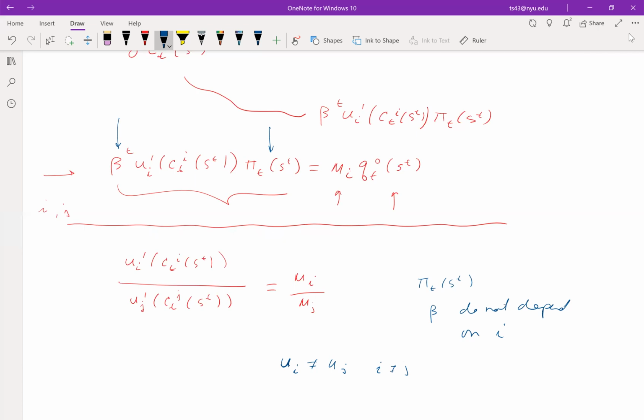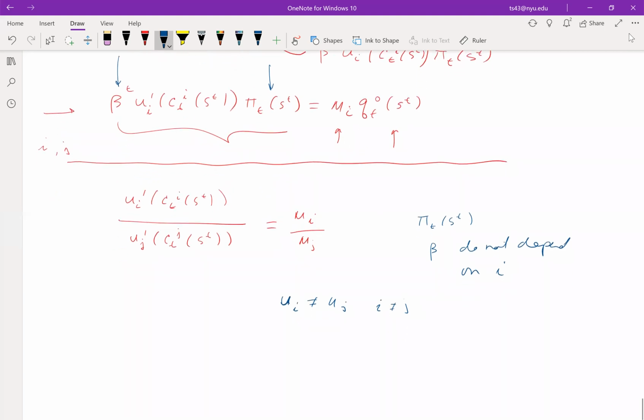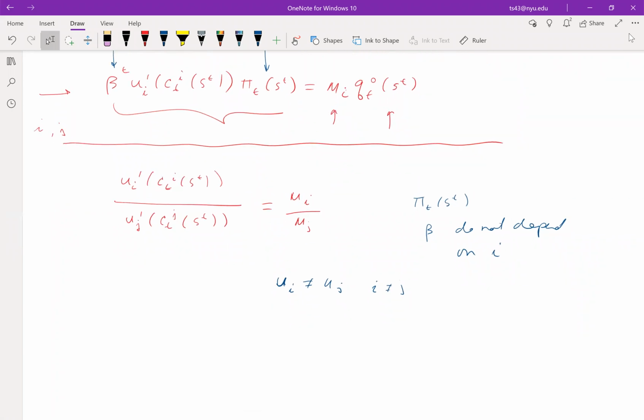We allowed them to have different little one-period utility functions. Otherwise, they would have divided out in a certain way that we'll come back to. Okay. So we got this. This is pretty important, and that reminds me of something that we'll come back to.